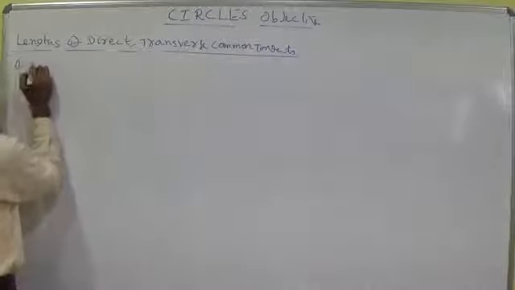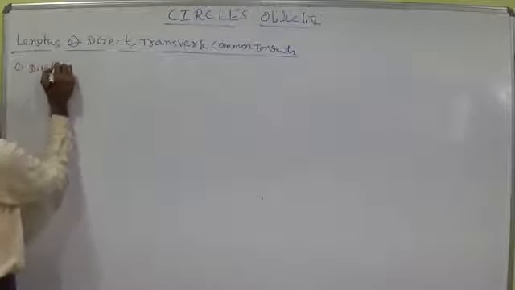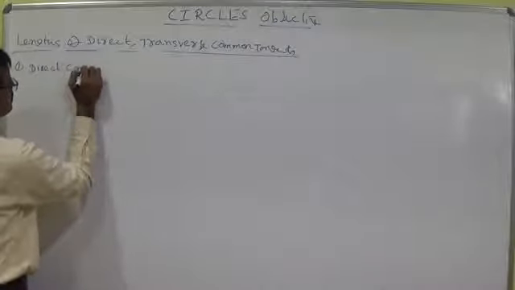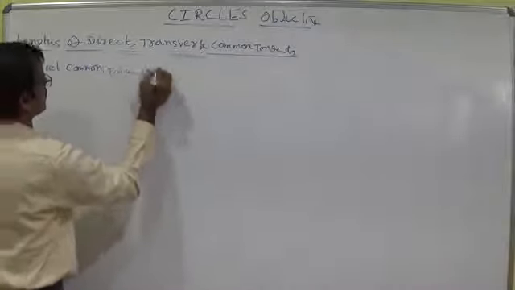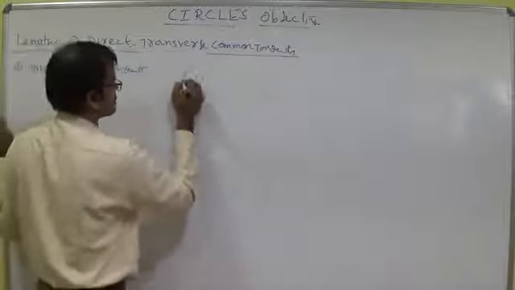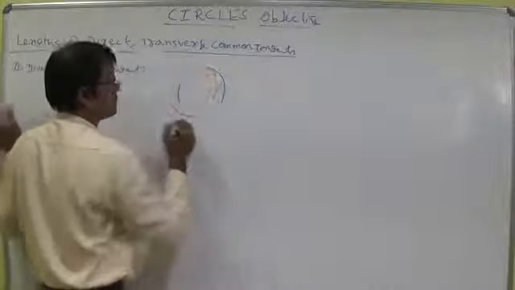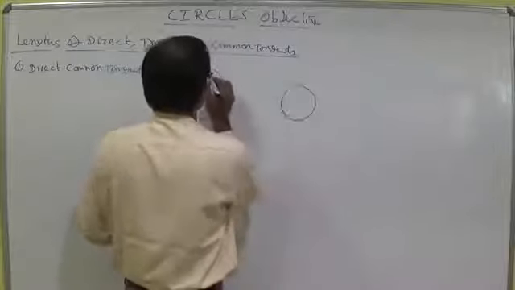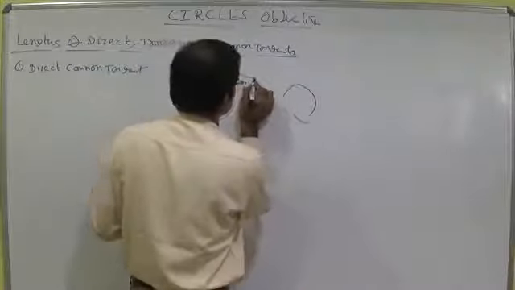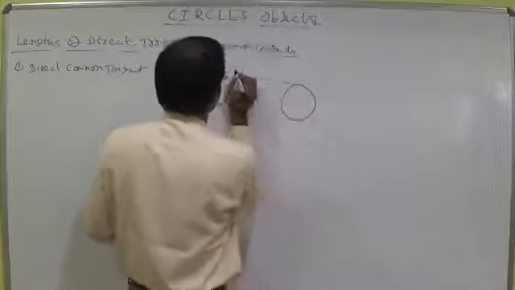First one, length of direct common tangent. Let us draw the diagram of two circles like this. Students, this is the direct common tangent.